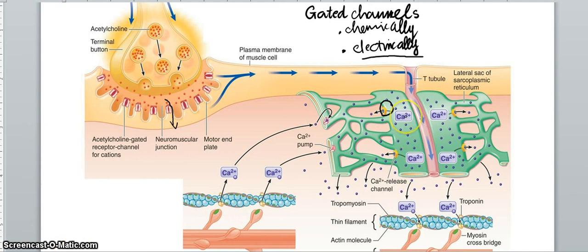These calcium electrically gated channels are not the only electrically gated channels in this example.